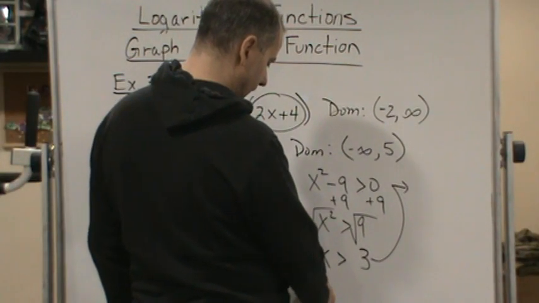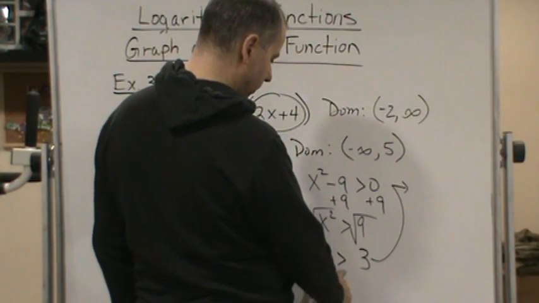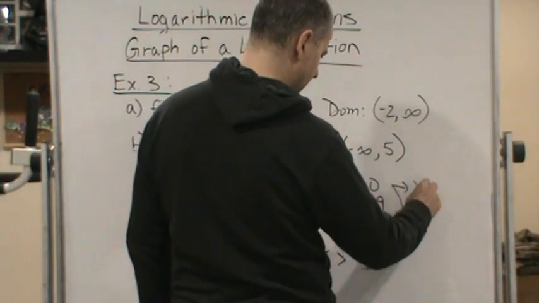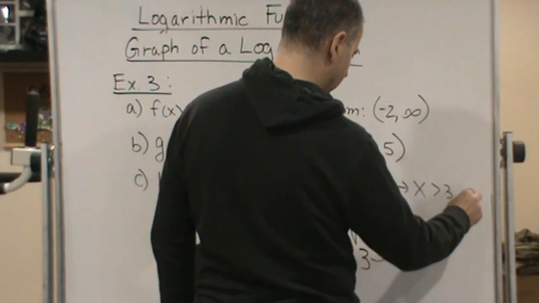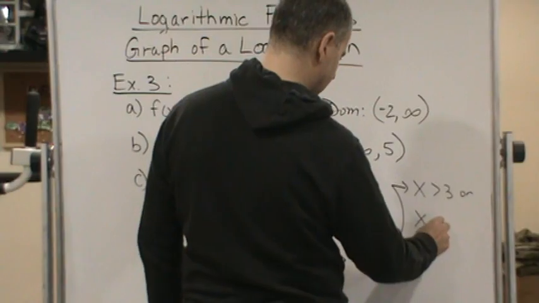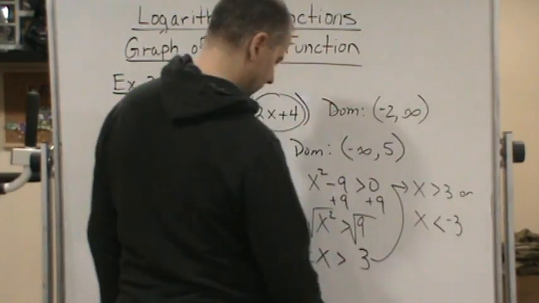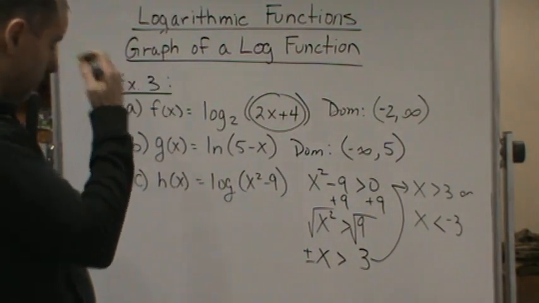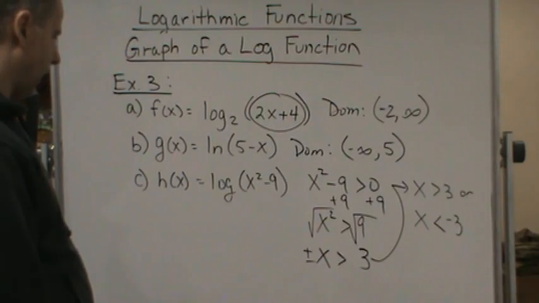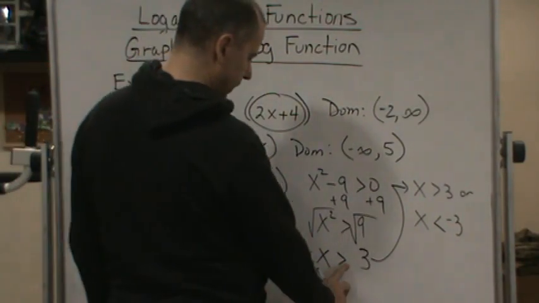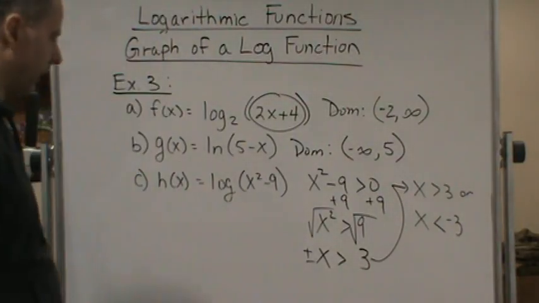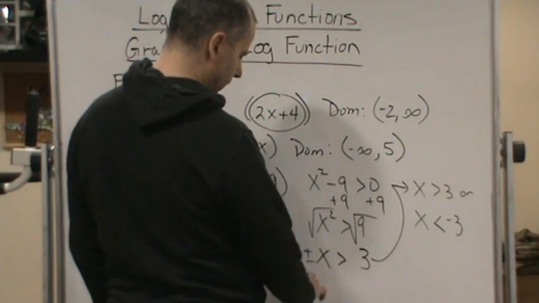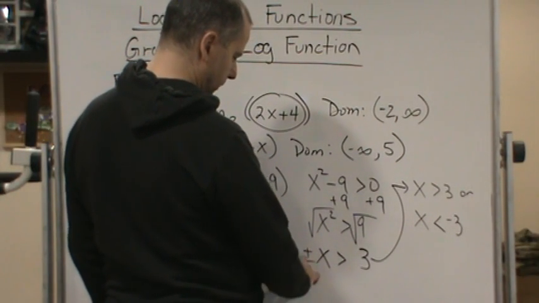So when you're saying x is greater than plus or minus 3, you got to be careful, because what this actually is saying is x is greater than 3 or x is less than negative 3, because we can put the plus minus on the x. Okay? Because we're dealing with an inequality, you got to be careful. If it was an equation, it doesn't matter. But since we're dealing with inequality, just remember, you got to be careful here with the plus or minus.